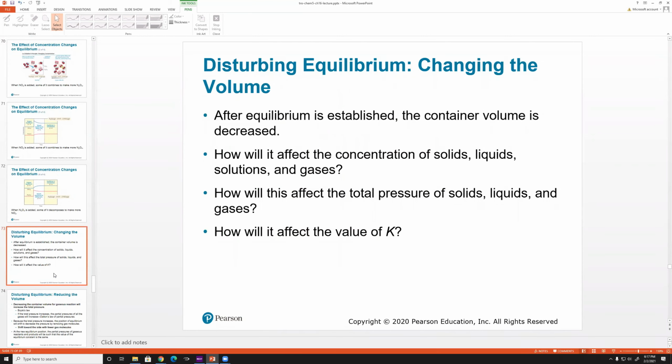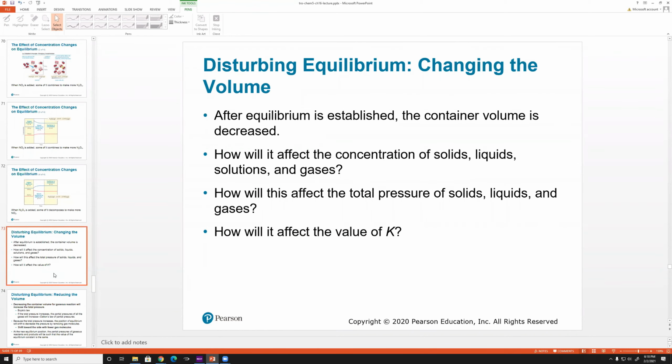So then changing the volume. Now, changing the volume, would that apply for all types of reactions or just gases? And the answer is just gases, because for aqueous equilibrium, it doesn't matter if it's in a small beaker or a large beaker, you're adding solutions with concentrations. For gases, the pressure is a large component of how things react.